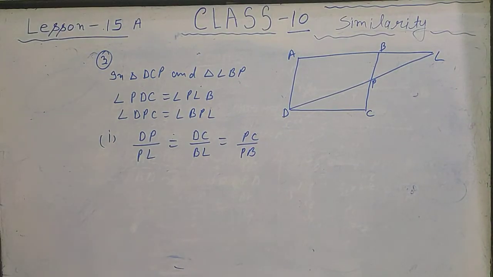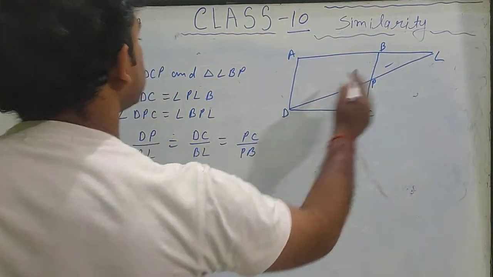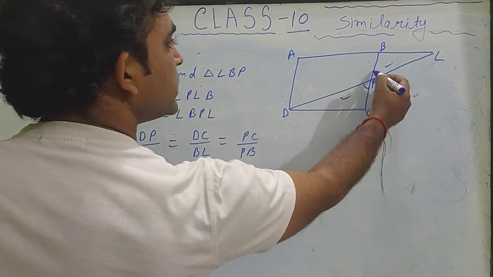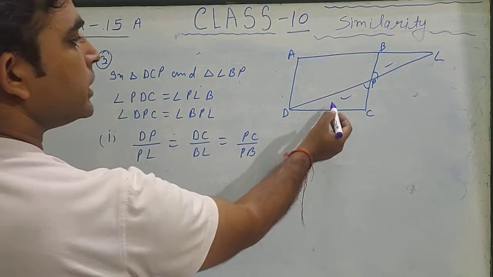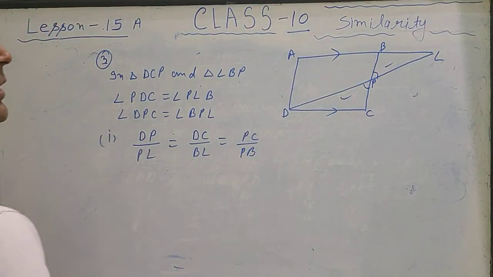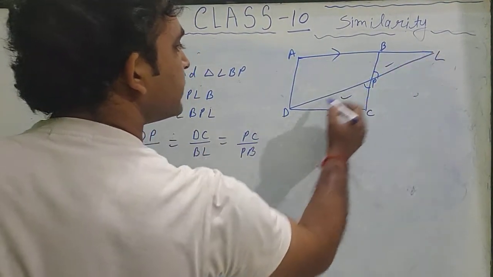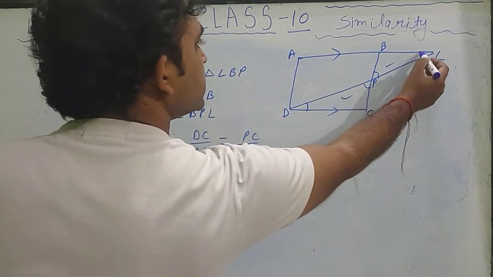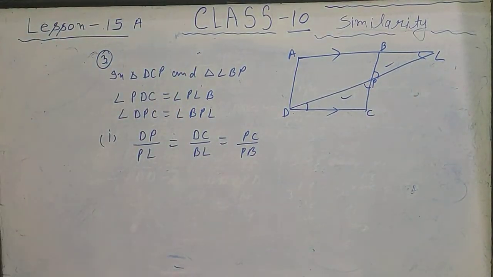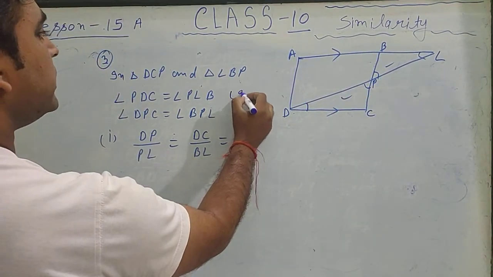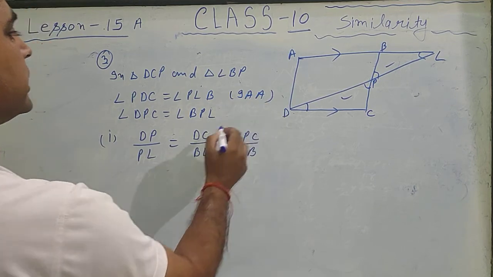Now we take two triangles, this triangle and this triangle, DCP and LBP. These vertically opposite angles are equal, and in a parallelogram opposite sides are parallel to each other. That's why this line is parallel to this line. That's why this angle is equal to this angle by interior alternate angles. This angle is equal to this angle by interior alternate angles.